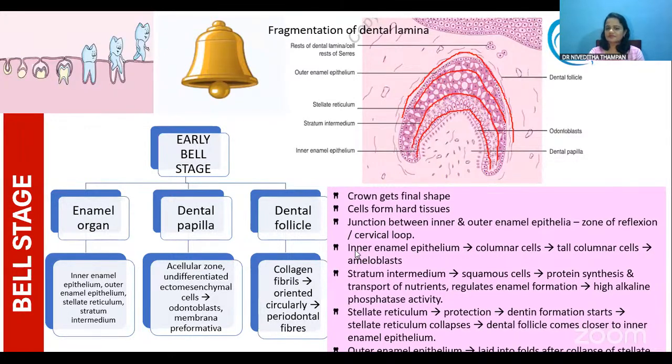So don't you think enamel is the first structure that is getting formed? Yes, Dr. Ayush. Yes, any others? Is dentin the first formed structure or enamel? Since enamel is the outer layer and dentin is only the second layer, don't you think enamel is the first structure that is getting formed? Any others? Any answers?